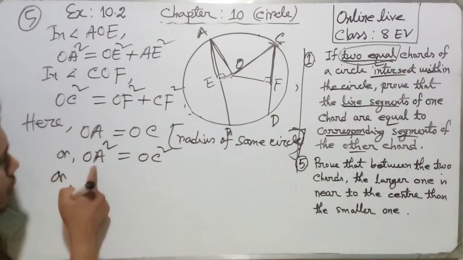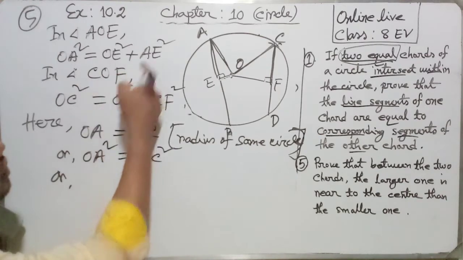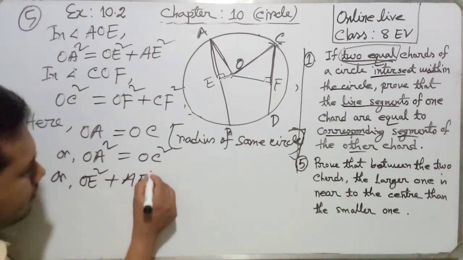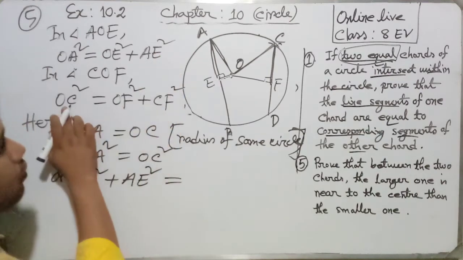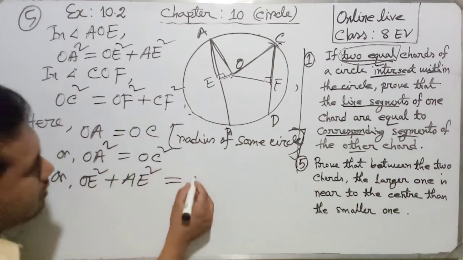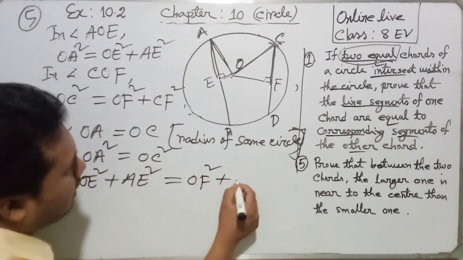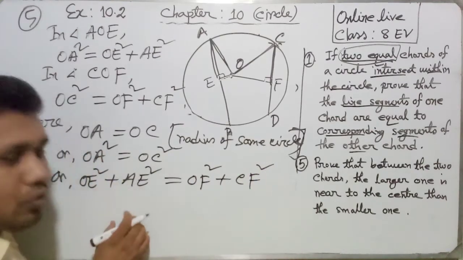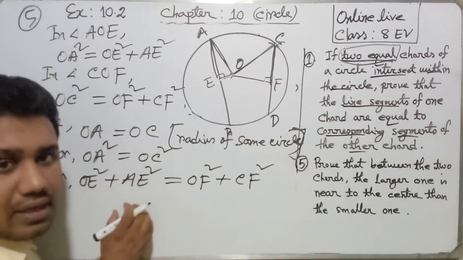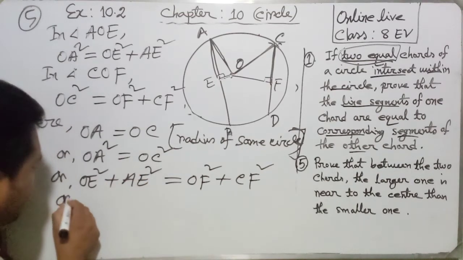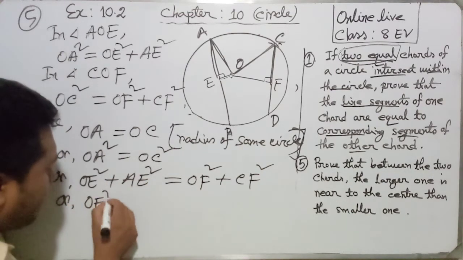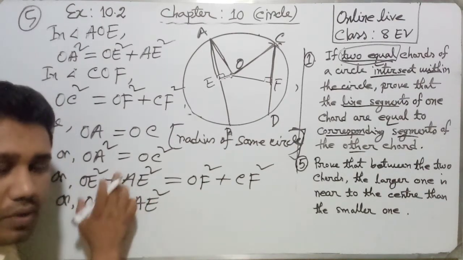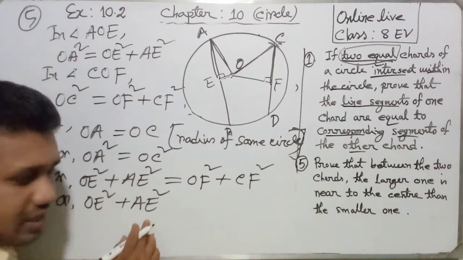Now dear students, for OA square we can write OE square plus AE square, and for OC square we can write OF square plus CF square. Now we write a most important sentence. OE square plus AE square, that means 100% the same thing, is the left hand side.